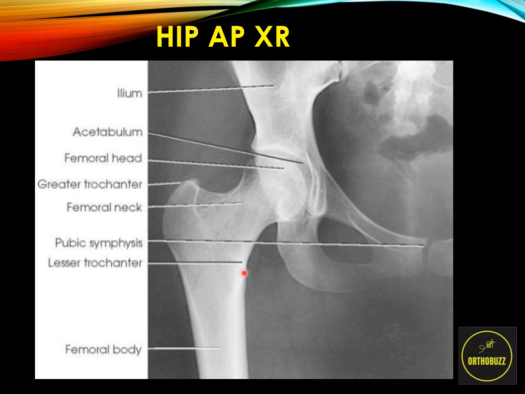Sometimes patients who present with pathology and fractures may come with a rotated limb, and judging that on a plain film radiograph can be done by the lesser trochanter. Now, the more of the lesser trochanter we can see, the more externally rotated the lower limb is. The less of it we can see, the more internally rotated the film is. Ideally, you should be able to see less than 5 mils of the lesser trochanter.